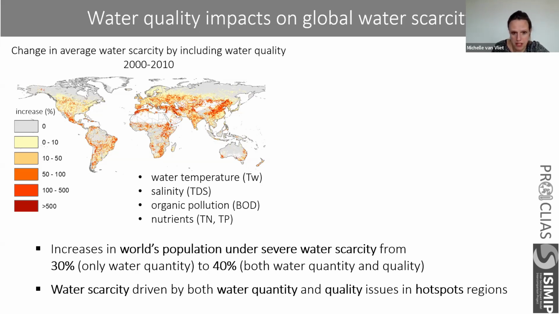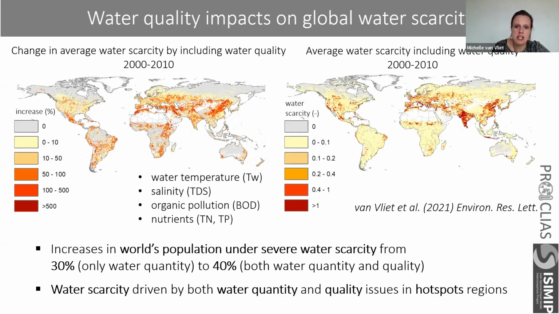We also found that water scarcity is in particular driven by both water quantity and quality issues in the water scarcity hotspot regions, such as large parts of Eastern China, parts of India, but also other parts of the world.